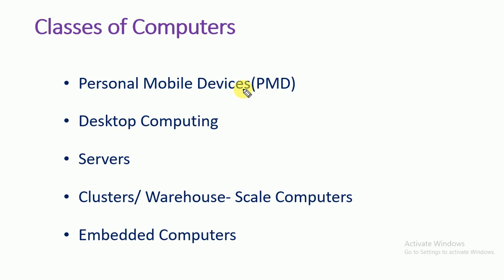So the basic classes of computers are, first, personal mobile devices, which are usually called mobile phones nowadays, shortly called PMD. The second category is desktop computing, or desktop computers, the normal personal computer, which was mainly for desktop or personal office usage.